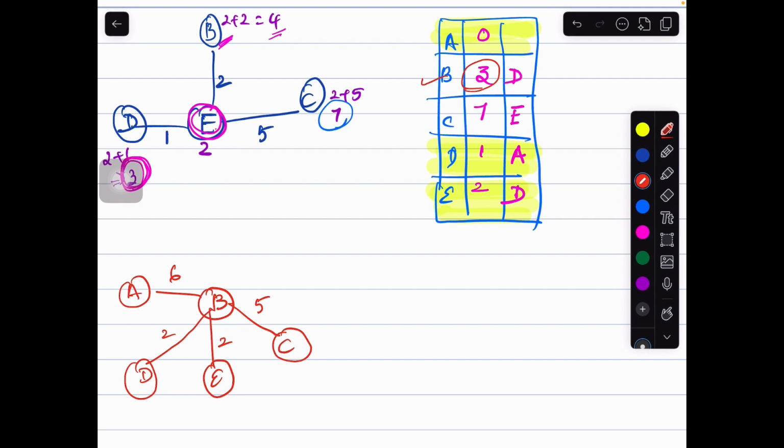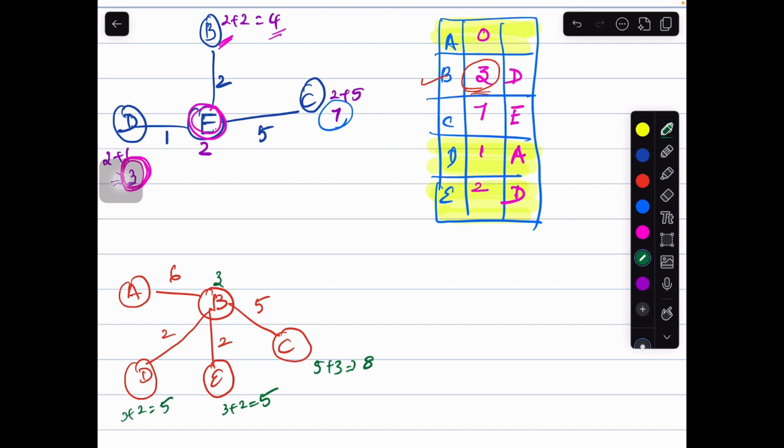Fine. Now for node B, what is the cost in the table? It is 3. So let us now find out, to reach from B to C, the cost is going to be 5 plus 3, it is 8. Fine. Now from B to E, 3 plus 2, it is 5. B to D, 3 plus 2, it is going to be 5.